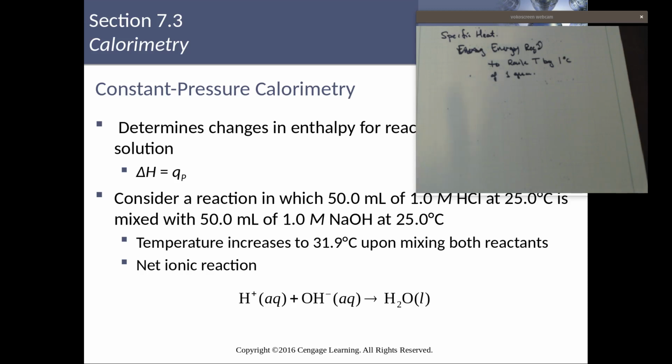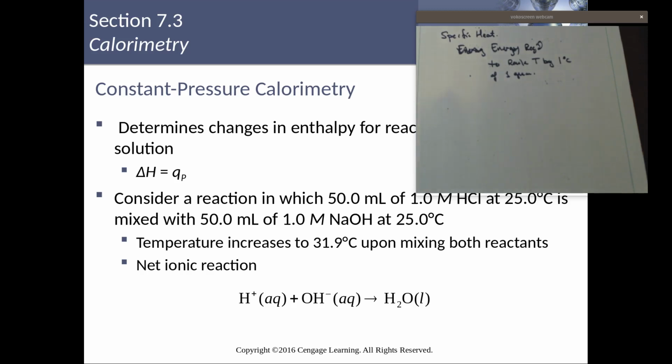And generally heat capacities and specific heats are tabulated under conditions of the temperature, or the temperature range, for which they are valid. It's simply that the heat capacity changes with the temperature. So 25 degrees Celsius is pretty close to the standard condition, and so we can use the data that's provided in the book, assuming that 25 degrees Celsius is the condition for which those specific heats are measured.